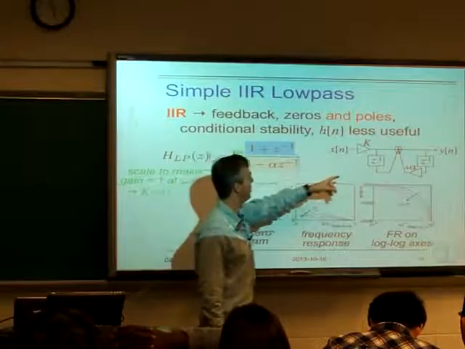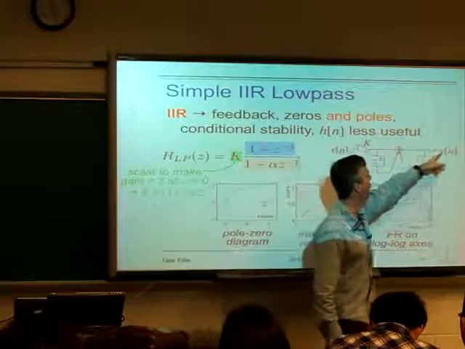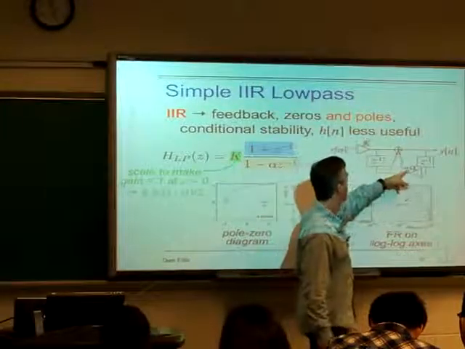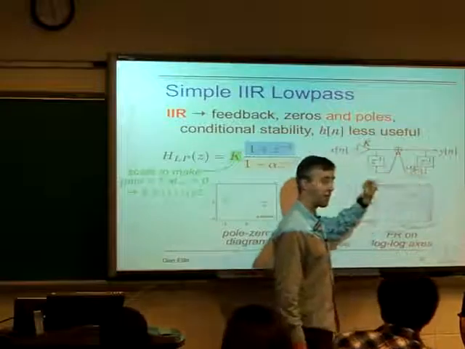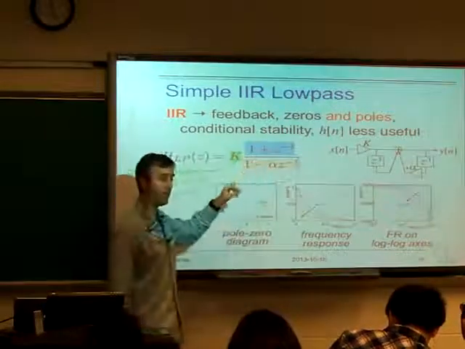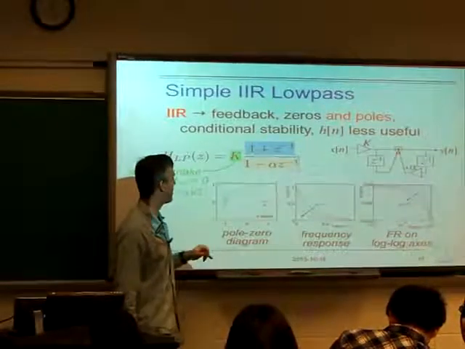And so from this block diagram, we can write down what y of n is in terms of x of n minus 1 and y of n minus 1. We can get our difference equation out. We can take the z transform, and we get this z transform expression for the system.